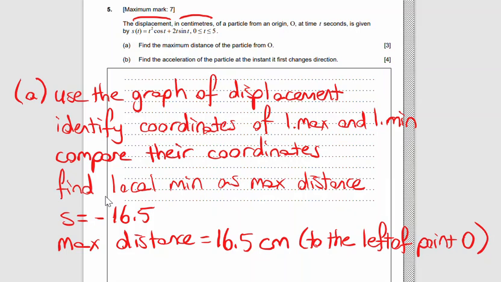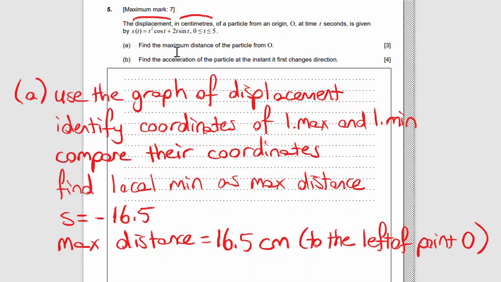For the second question, let's read it together. Find the acceleration of the particle at the instant it first changes direction. Okay, first of all, let's talk about the relation between this equation and acceleration. If we take the first derivative of this function, we will identify the velocity.